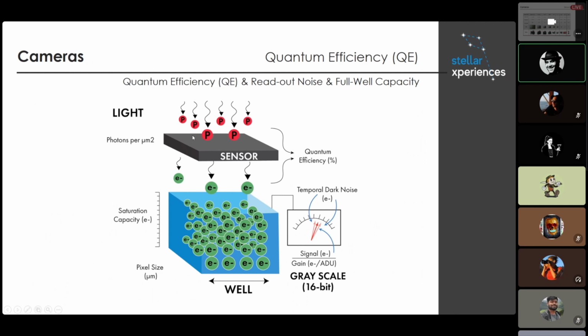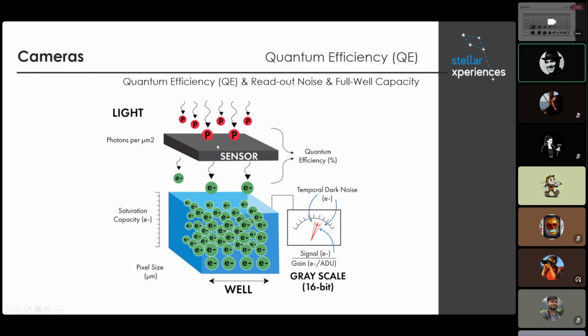So that's why every photon matters for us, and we have to look for cameras with higher quantum efficiencies. And I will show you where we can see these parameters on the internet.